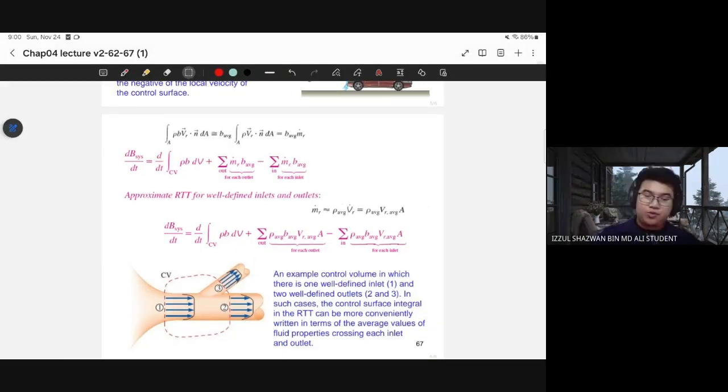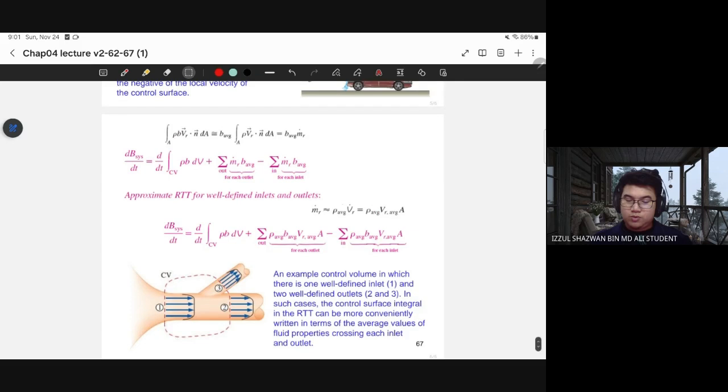The next equation that we will use is this equation, which is dB system over dt equal to d over dt of the integral of rho b dV plus the sum of outflow minus inflow. And finally, the approximate Reynolds transport theorem for a well-defined inlet and outlet will be dB system over dt equal to d over dt of the integral over the control volume of rho b dV, plus this one, plus this equation.